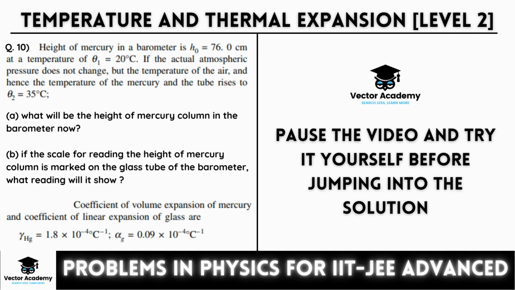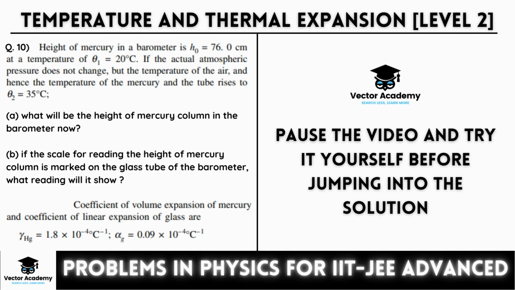A. What will be the height of mercury column in the barometer now? B. If the scale for reading the height of mercury column is marked on the glass tube of the barometer, what reading will it show?